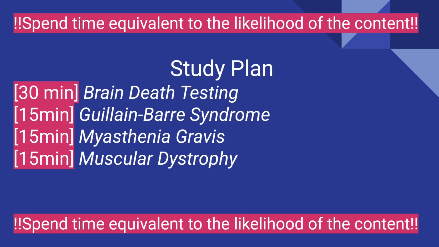Myasthenia gravis and muscular dystrophy are smaller topics, usually just half a page in a test booklet that they want you to just know the basics about. So spend an hour or 2 hours reviewing those. Again, I always say spend time according to the likelihood you'd see the content. So spend more time on strokes, but give yourself time to know broadly what these smaller topics do.